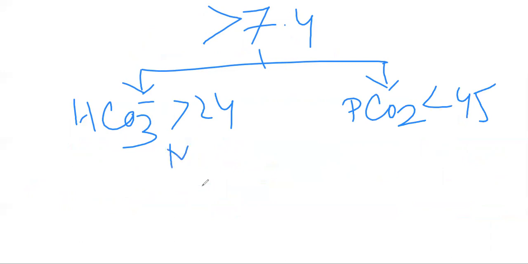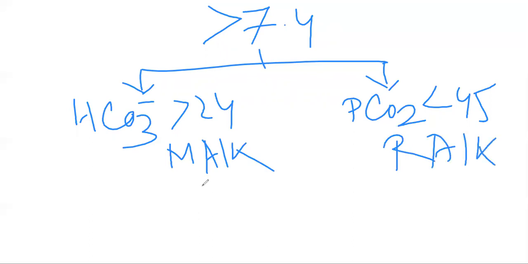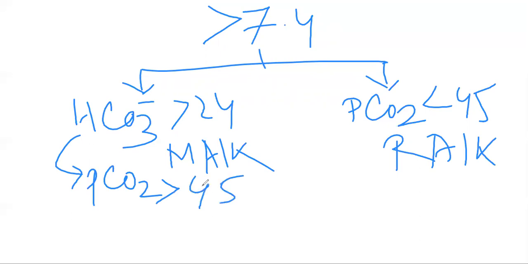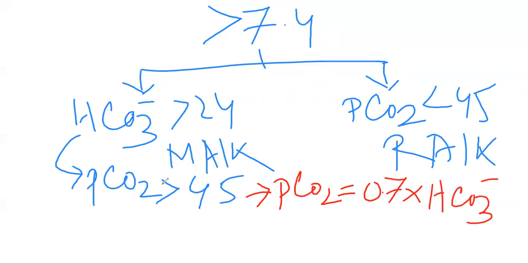Metabolic alkalotic situation can be compensated by the respiratory mechanism if PCO2 is more than 40 or 45. To check this respiratory compensation, again you have to use the formula that PCO2 should be equal to 0.7 into bicarbonate. If it is the same as your equation, then compensatory mechanism is going on.